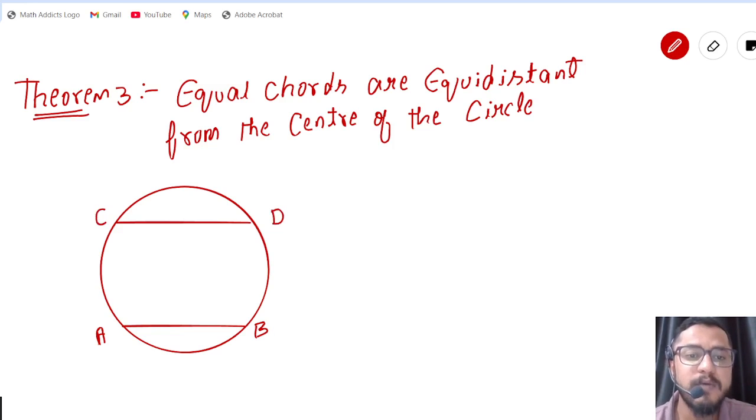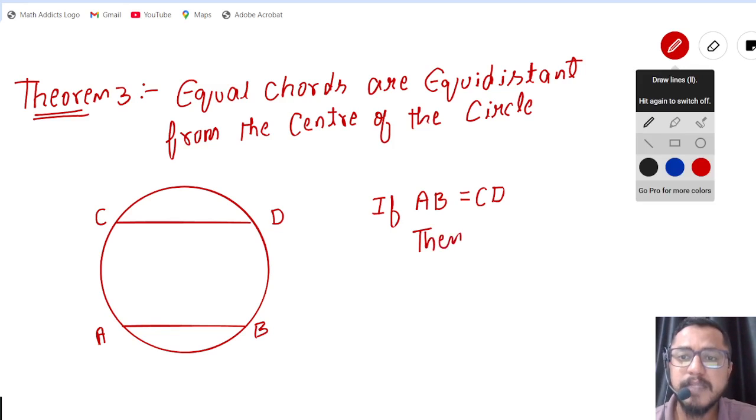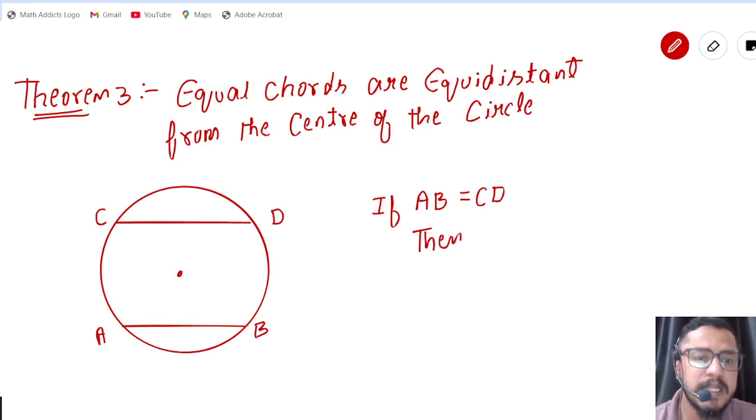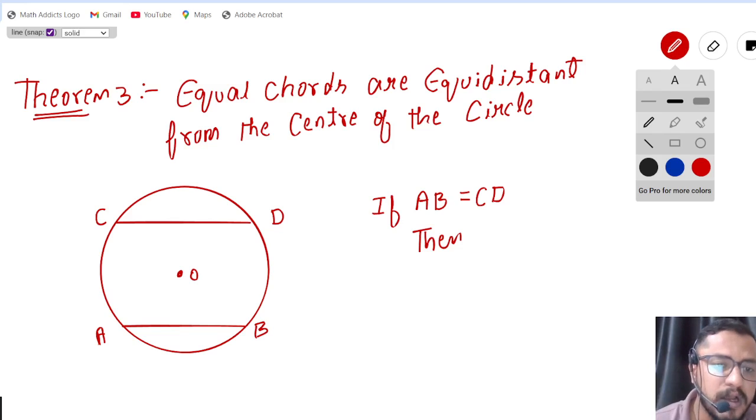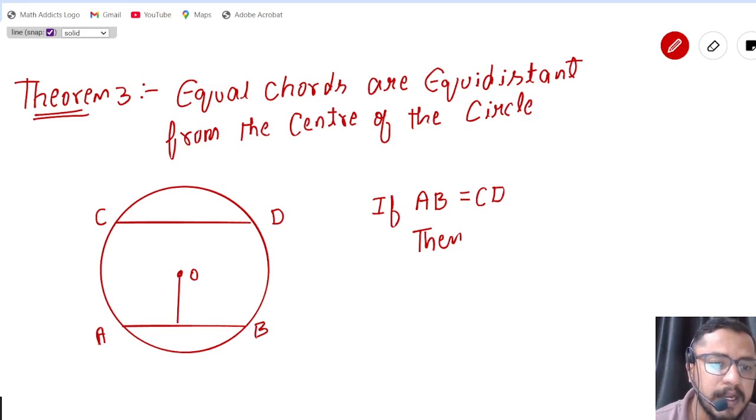Equal chords are equidistant from the center of the circle. So if AB is equal to CD, then what's the result? Their distance from the center will be equal. The distance from the center to the chord should always be a perpendicular distance.